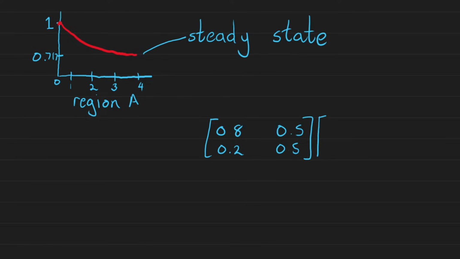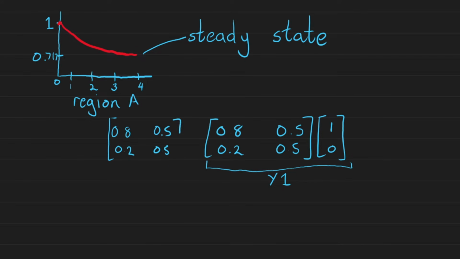And we multiplied it by 1 and 0. That's at the start of year 1. Then we took the result that we got and multiplied it by the matrix again, 0.8, 0.2, 0.5, and 0.5.